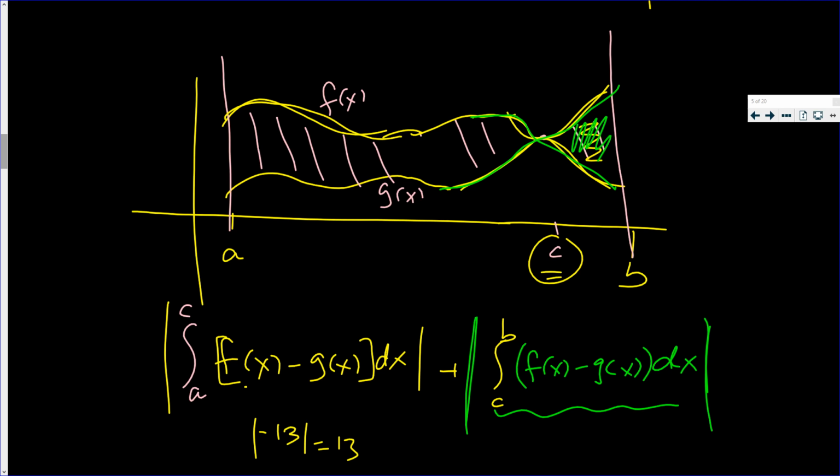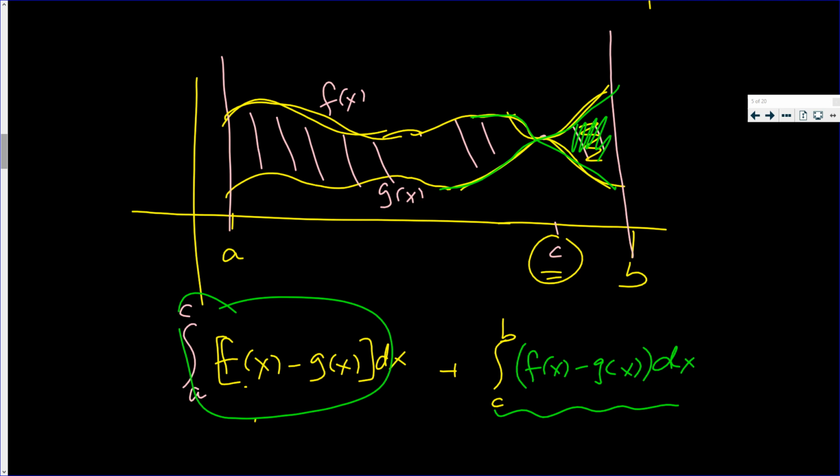If you happen to get a negative answer, like negative 13, call it 13. But the only way you can justify calling it 13 is putting absolute values. And you know what? If you don't want to put the absolute values, that's not so bad either. But you have to do one thing.